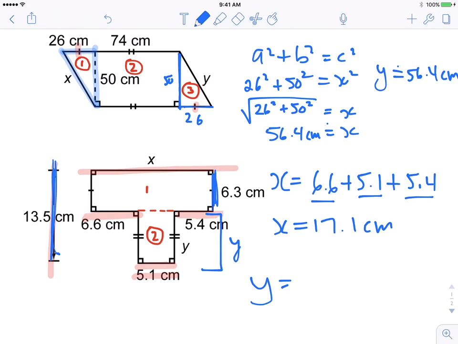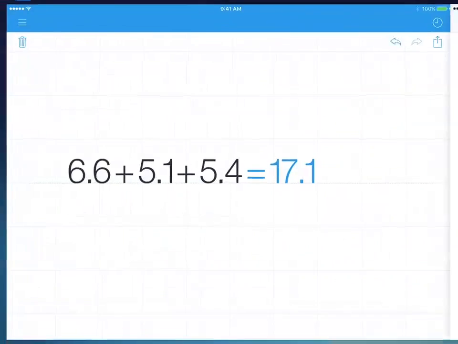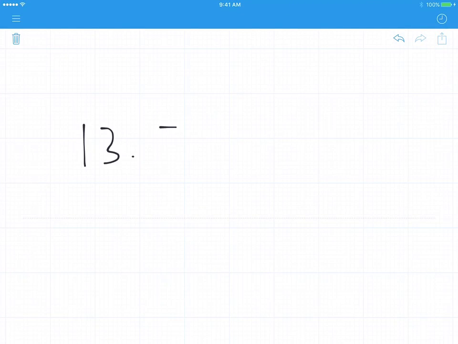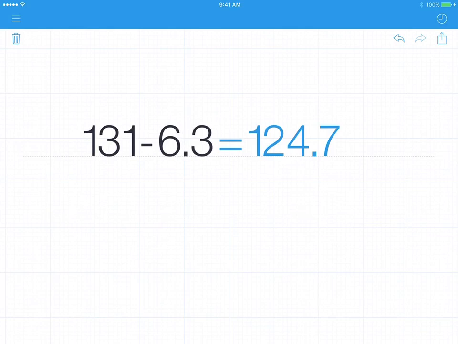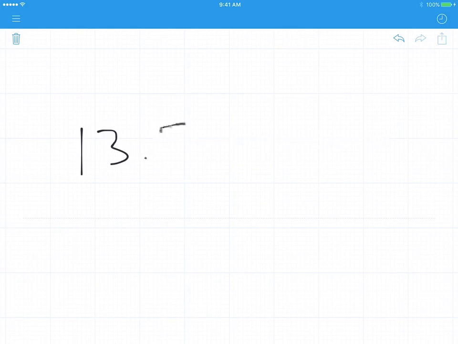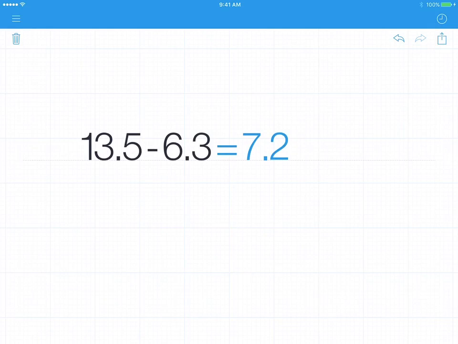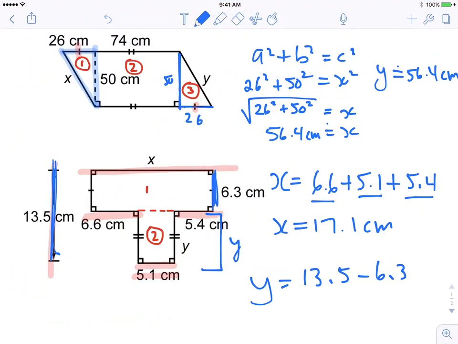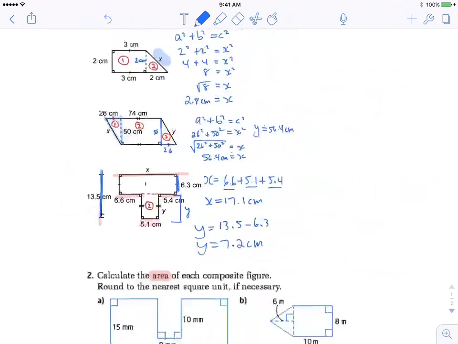So really, y is equal to 13.5 minus 6.3. 13.5 minus 6.3. This gets finicky if you don't do it properly. 7.2, y equals 7.2 centimeters. You notice the units of measurement, I only put them in at the end, right?